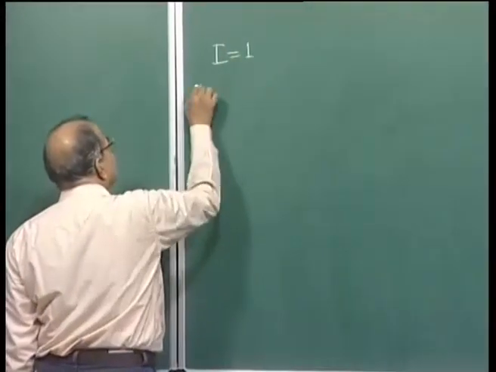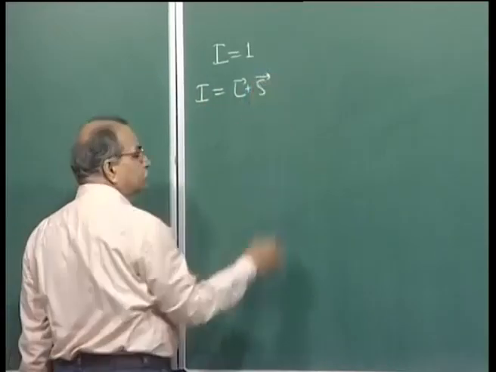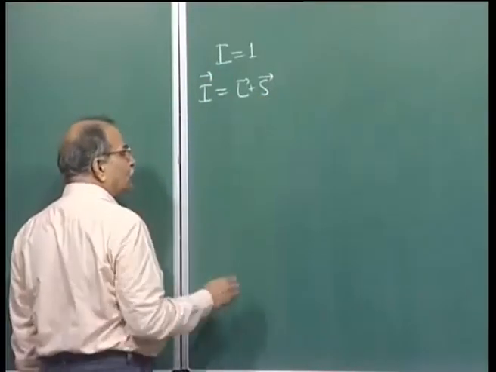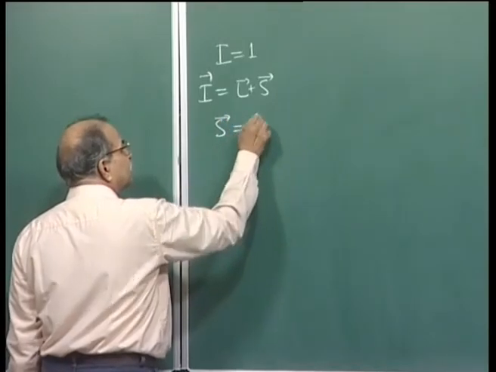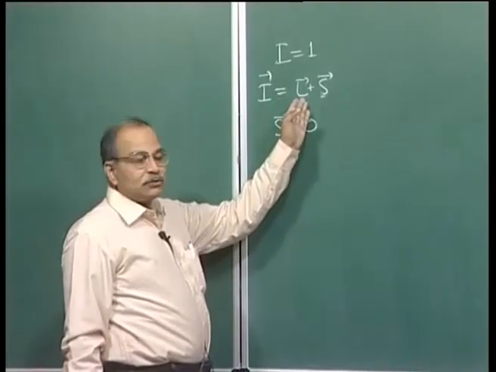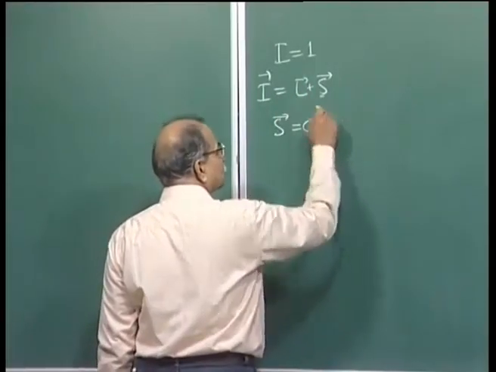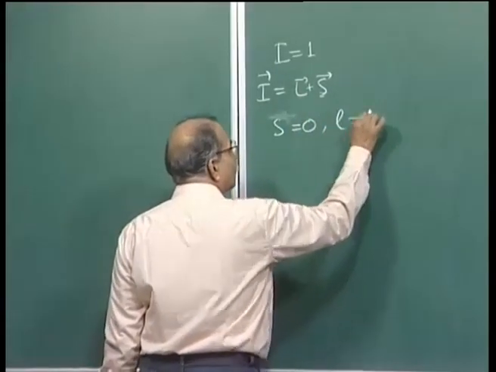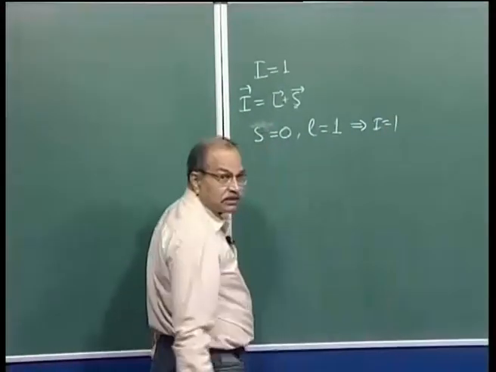Okay. So, let us look how we can get this capital I equal to 1, what are the possible combinations. This capital I is coming from L and S. So, S can be 0 or 1. So, if S is equal to 0, what should you have for L? This L has to be 1, that can give you I equal to 1. Right.